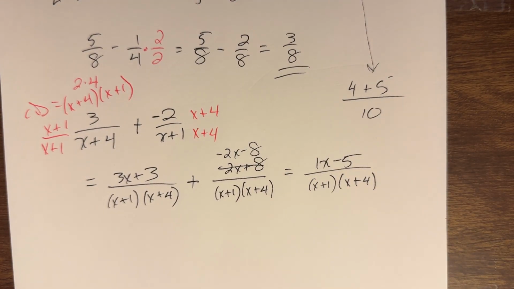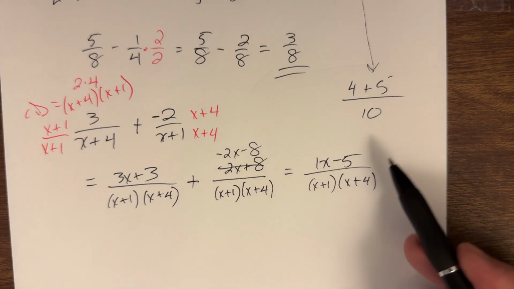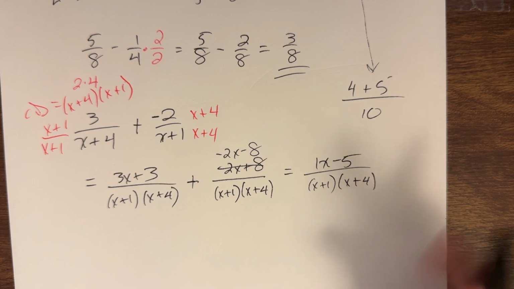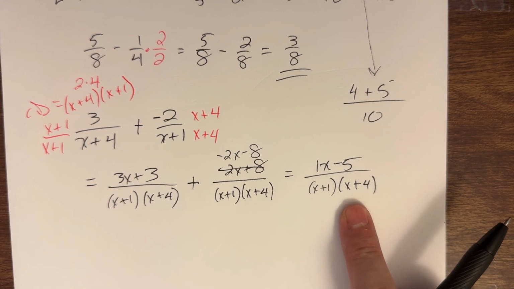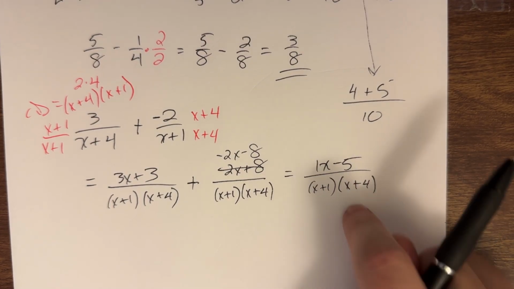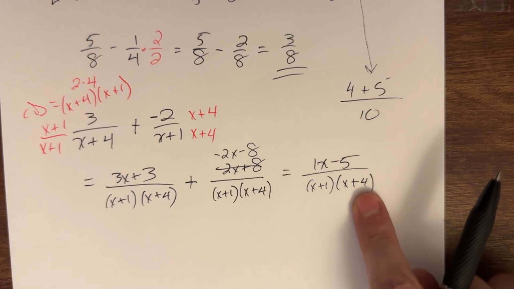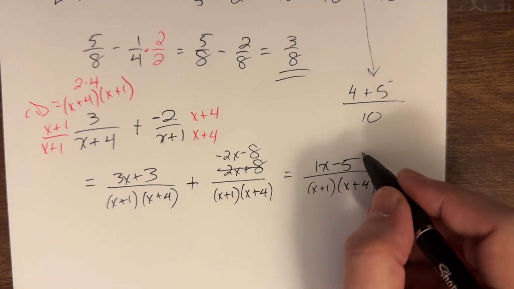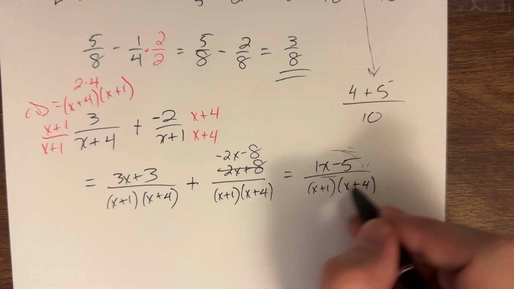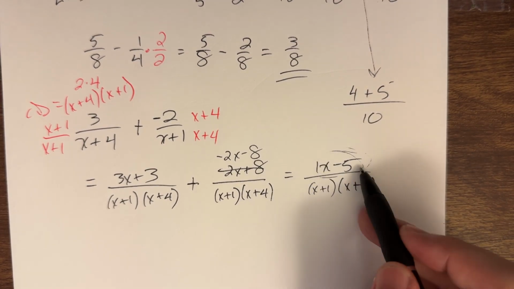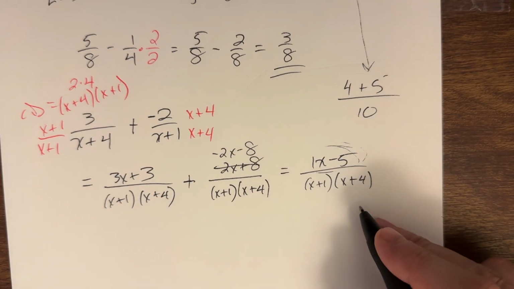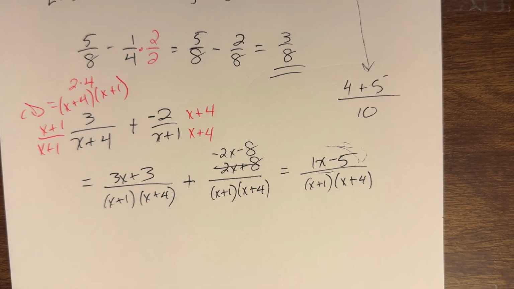I'm left with a 1x minus 5 or an x minus 5, and there's no good reason for me to multiply these together. Just like we saw with the multiplication and division, we actually would prefer that you just leave it factored. Because this one is done, but what happens is at the end of the problem, we'd have to be a little careful. Does this have any factors that would eventually cancel? Well, in this one, x minus 5, it's done. There's no factoring, and it doesn't match either, so nothing extra cancels.